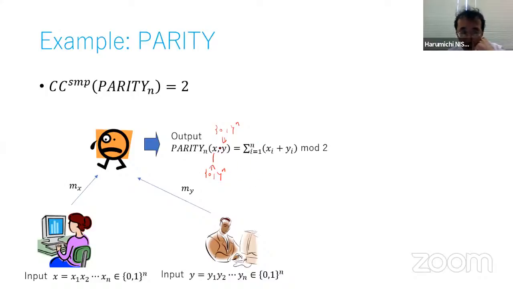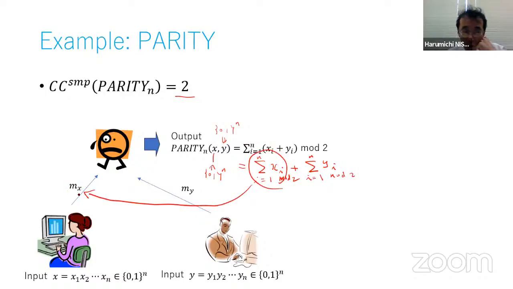This is very simple. A 2-bit communication protocol exists because we can split this into two parts: this part modulo 2 and this part modulo 2. This part is Alice's message, this part is Bob's message, so a 2-bit protocol exists.